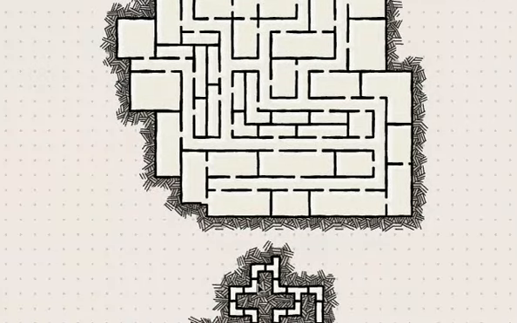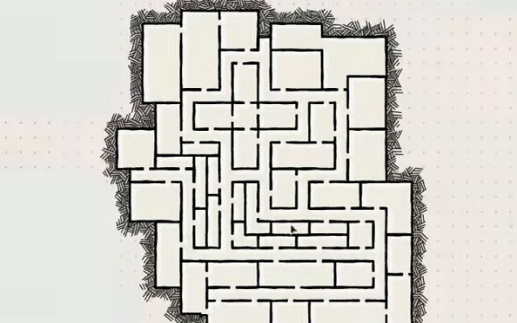Notice this is the pathway layout, and this is the room layout. This hallway between rooms is the path layout.